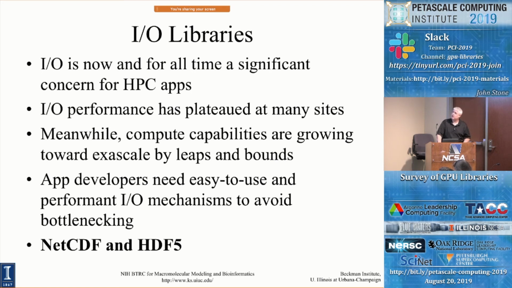So I'll finish up. Libraries aren't just for computing. They're also for things like I/O. I/O is a huge part of what we do. I won't belabor it, but basically two of the most popular I/O libraries that are very general purpose and are well suited to HPC are NetCDF and HDF5. Actually, the latest versions of NetCDF are basically built on top of HDF5 as a foundation.